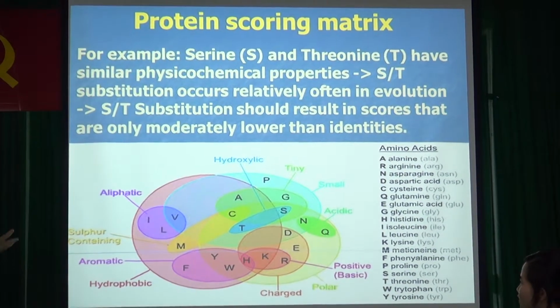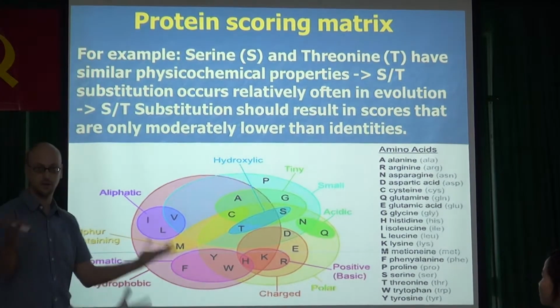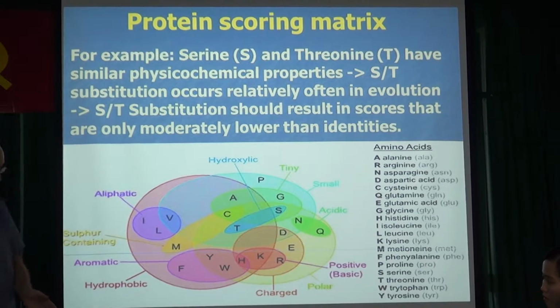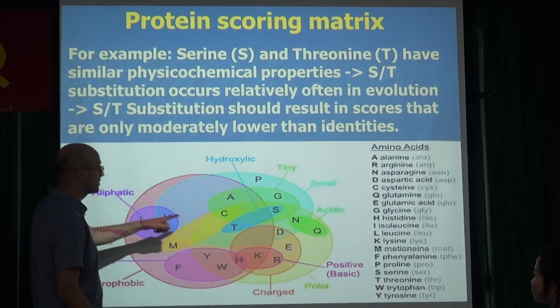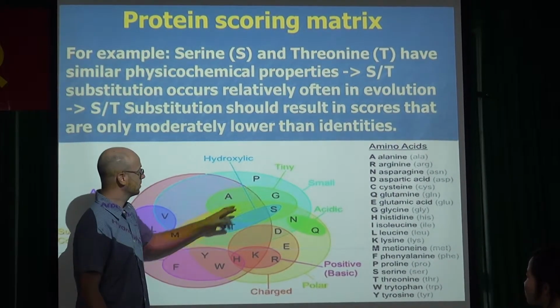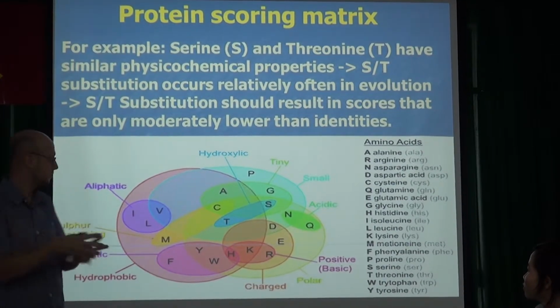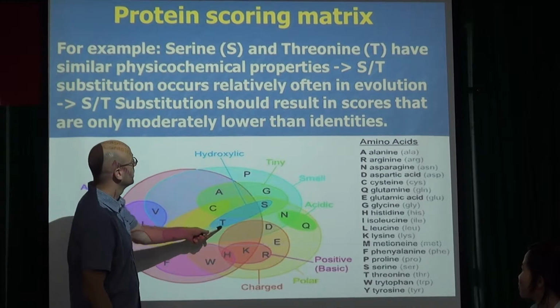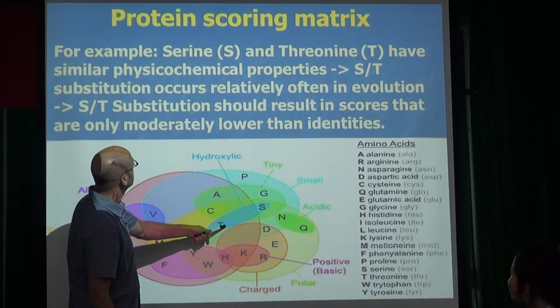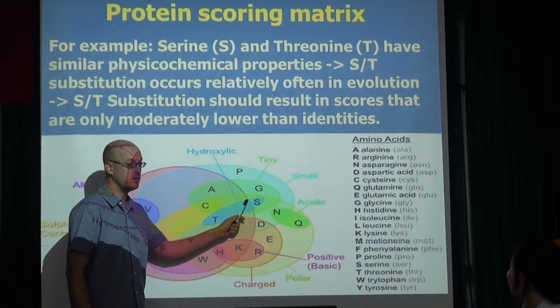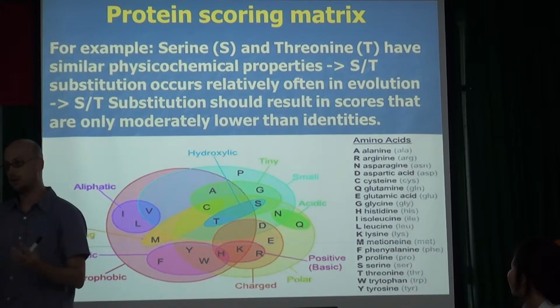So each amino acid is different, has different characteristics, different properties. But some amino acids are more similar to one another. For example, threonine and serine are very similar.